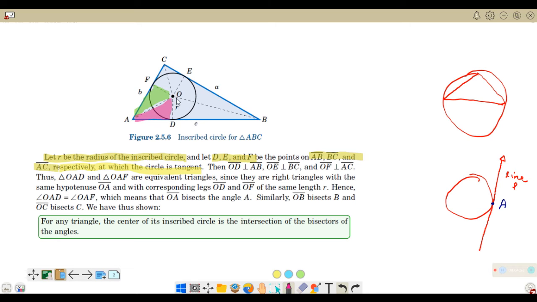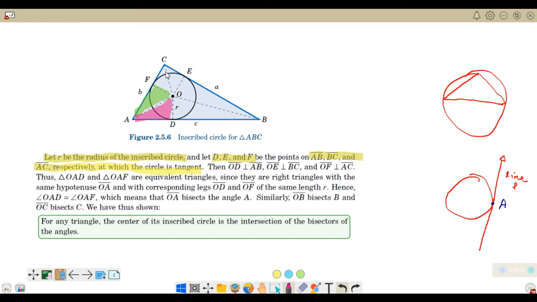And similarly, for OD and OE, since they are both radii of the same circle and they are sharing one side, OB, we can guarantee that this side here, DB or BD, and EB or BE are also congruent. The same goes for the third set of triangles.